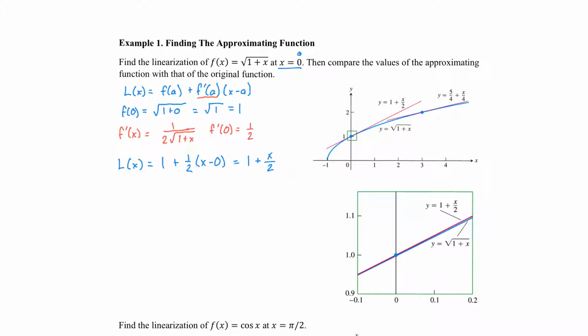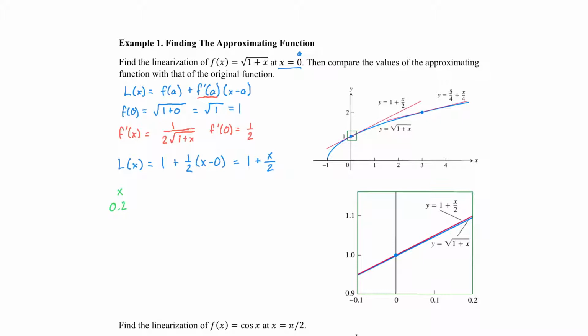Now, how good of an approximation is this? Again, you can go ahead and verify this for a few values. Let's say we have some input x, and let's do something close to our center. So let's do 0.2, and let's see how that plays out.